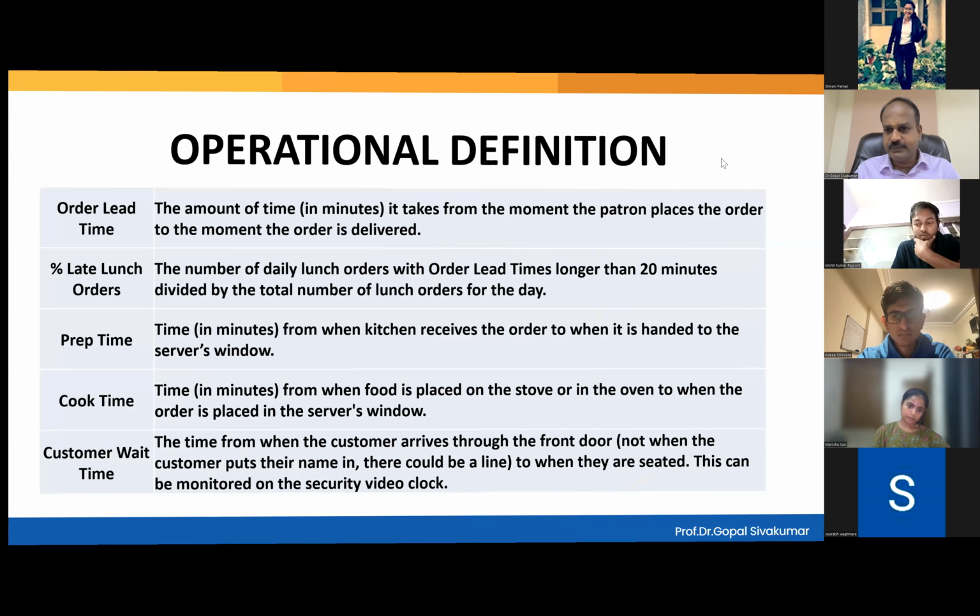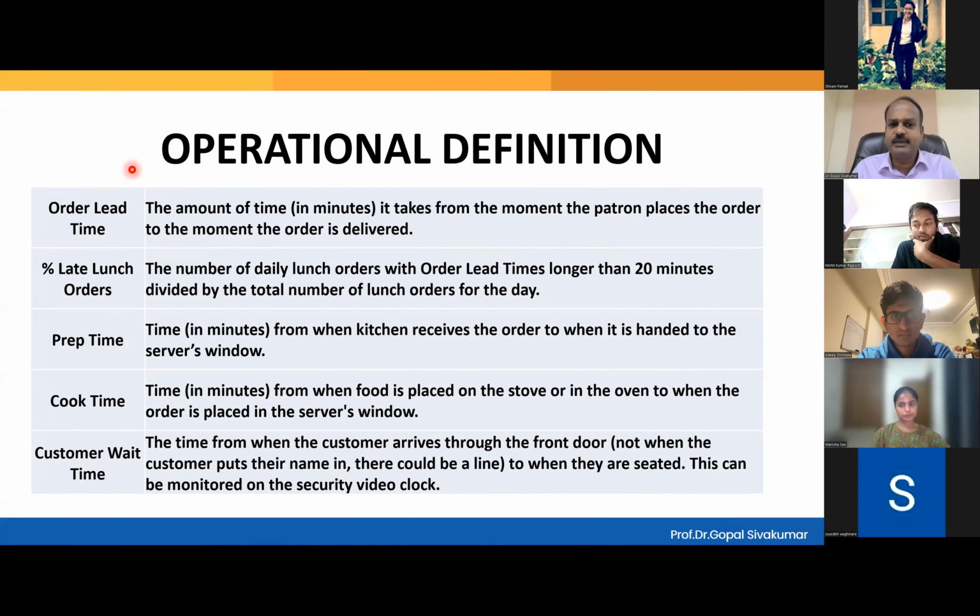Can you see some operational definition here? Sometimes, people use abbreviations. During the project and the discussion also, they use abbreviations very frequently without even knowing whether the other person listening knows the meaning of it. So do you think they will understand and talk to you the right way?